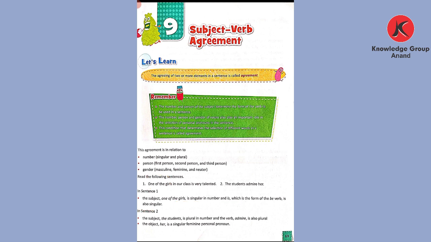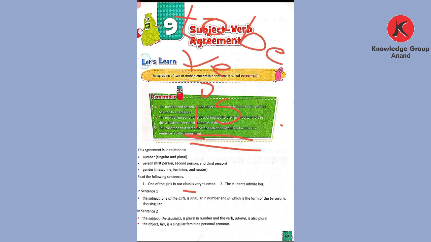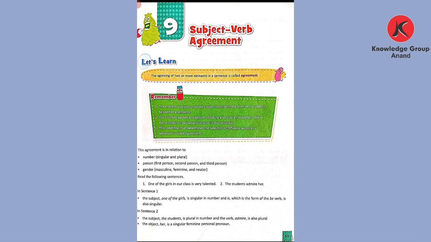One of the girls in our class is very talented. Is is used here because the person is singular, which is the form of the to be verb. The form of the verb be is also singular.